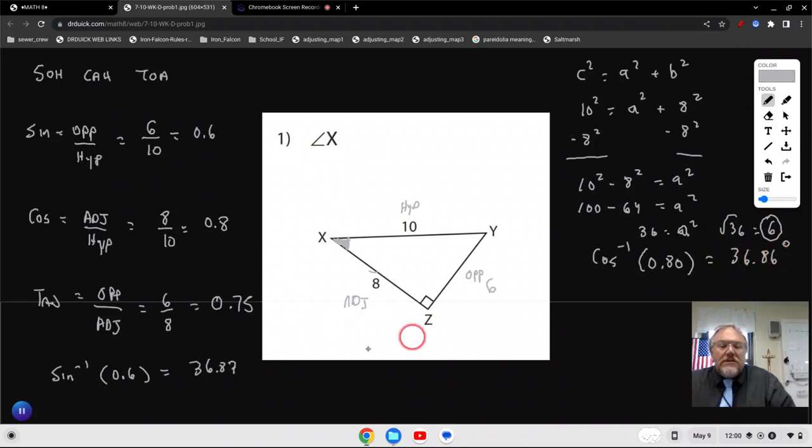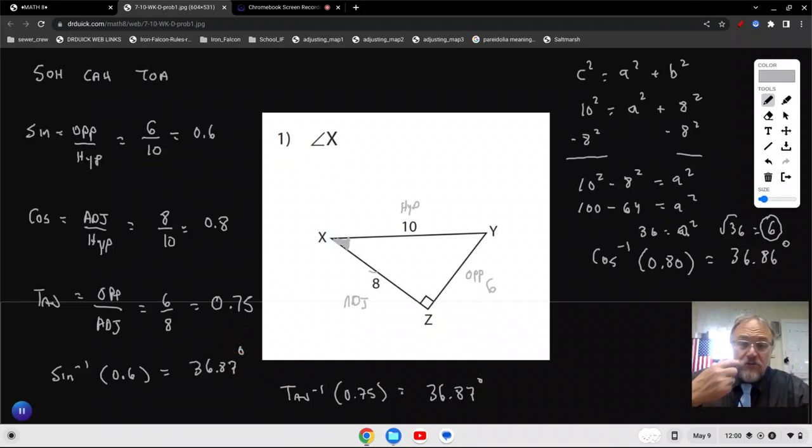The other one, I go tangent to the -1 of 0.75. See what I get. Second function tangent, 0.75, hit enter. I get the same number, 36.87 degrees. So this is the basic concept of trig when you're using a triangle.